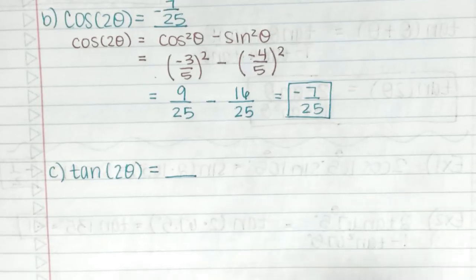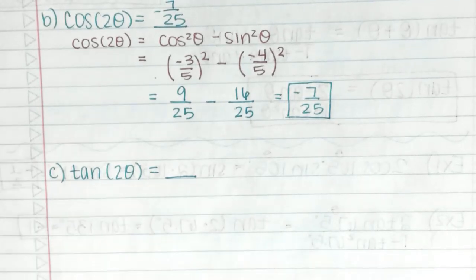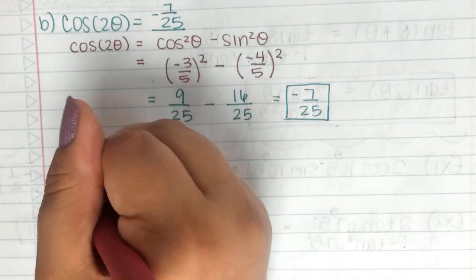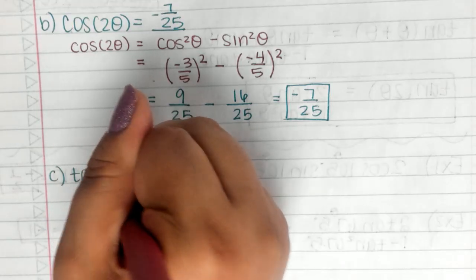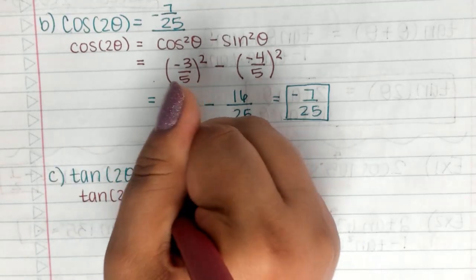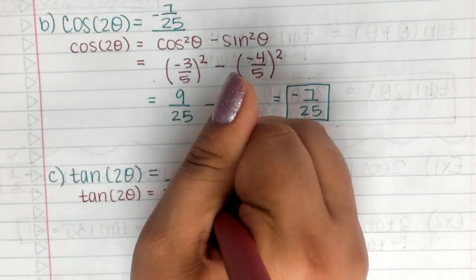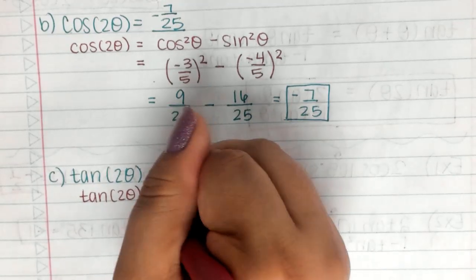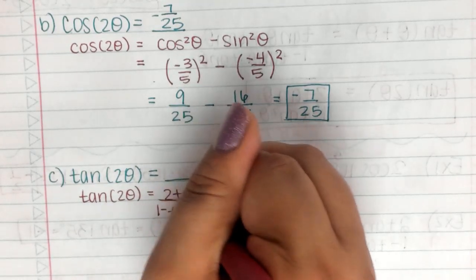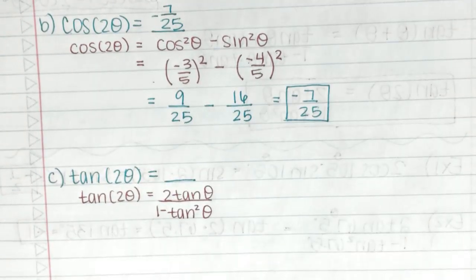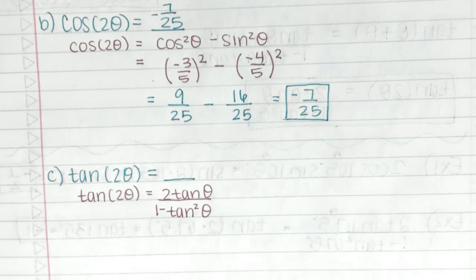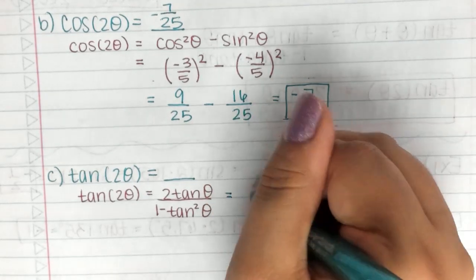All right, last but not least, we have the tangent of 2 theta. So for my tangent of 2 theta, the identity was 2 tangent of theta over 1 minus tangent squared of theta. And I'm going to plug in.